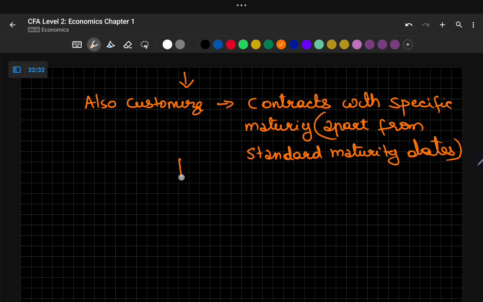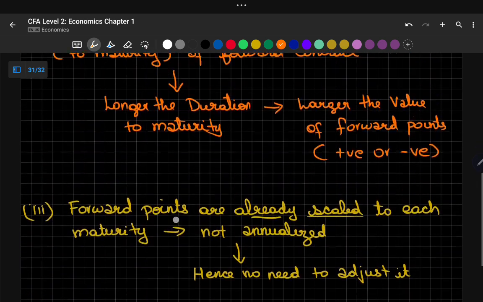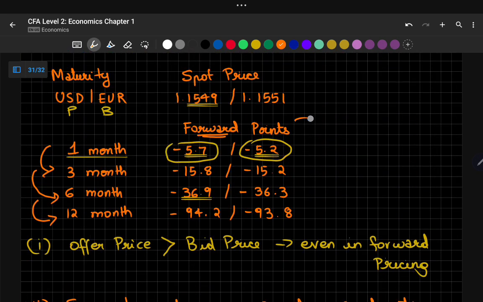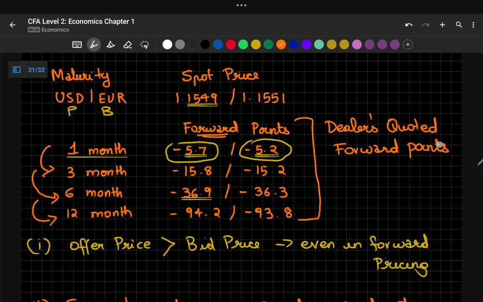So in this case, if you look over here, this is the dealers quoted forward points for each maturity. What will happen if the client is taking the maturity for the contract as 1.5 months?